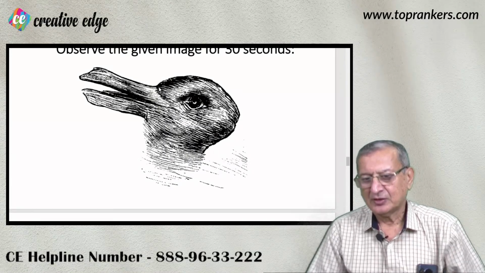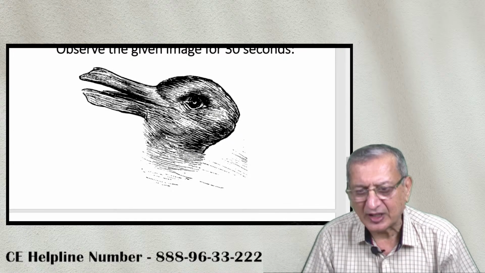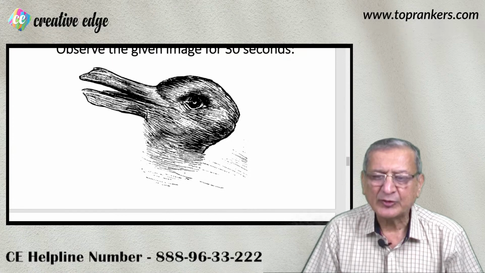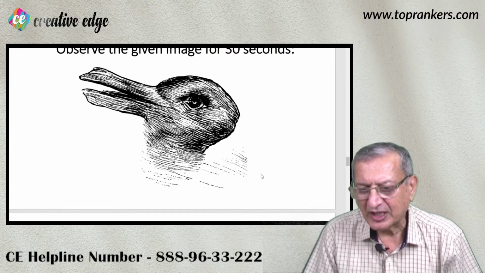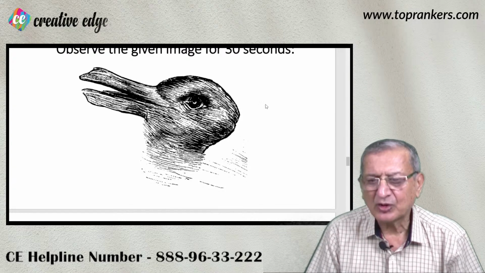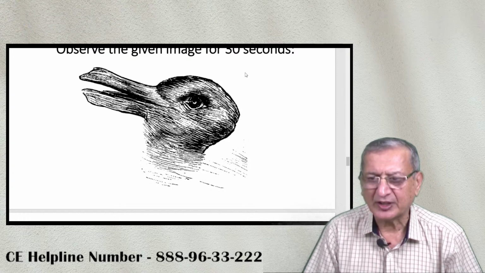I am going back to the same image. Didn't you try finding out what mistake is there in the lining? Did you try to find out something more? Why these hesitant lines all around? Why this chopped out head of a rabbit? Rabbit you were able to see, isn't it?